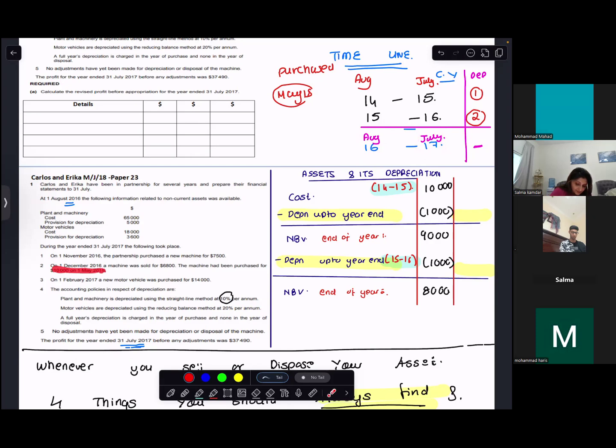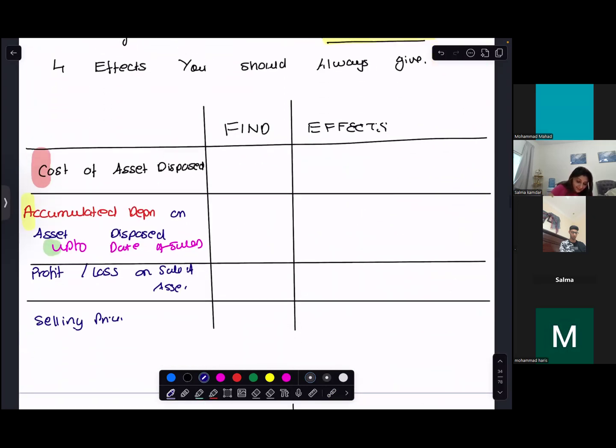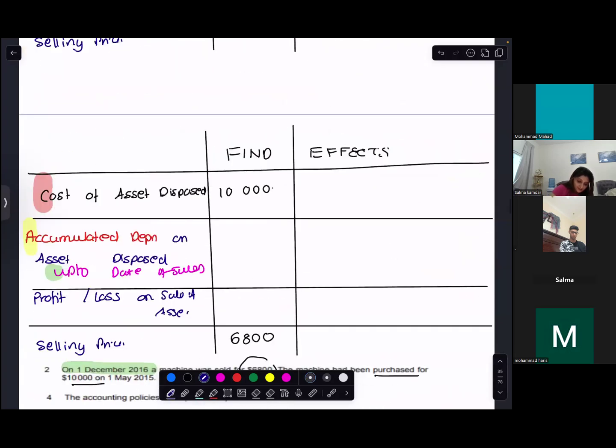So it falls under 16, 17. So now if I see the accumulated depreciation of the asset sold, it would be 1 and 2. 2,000 is the accumulated depreciation of the asset sold.